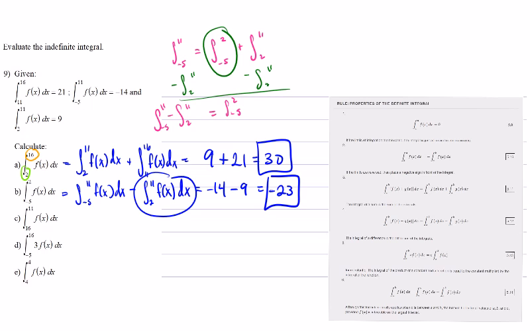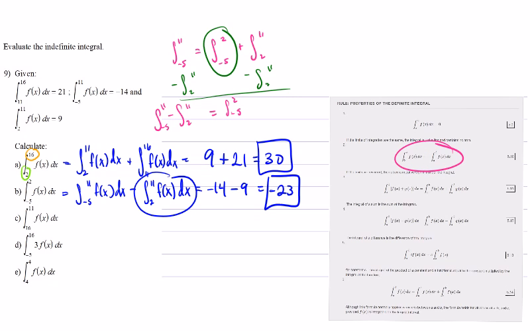All right, next we have the integral from 16 to 11. We have one from 11 to 16, but the bounds are flipped around backwards. If we look right here, if we flip the a and the b, the endpoints of the integral, that changes the sign of the integral.